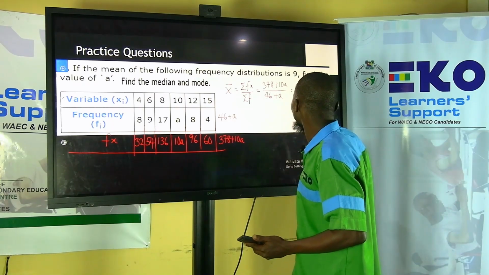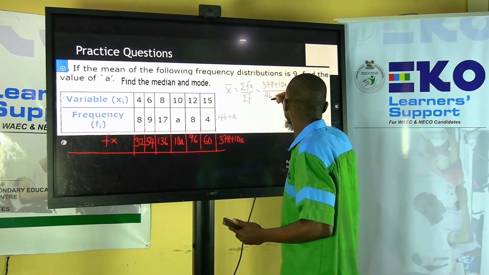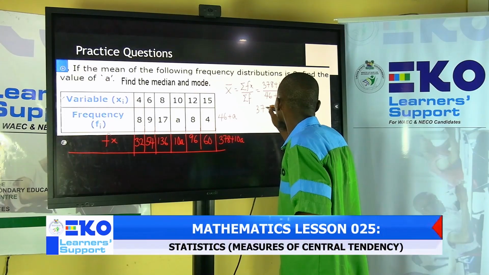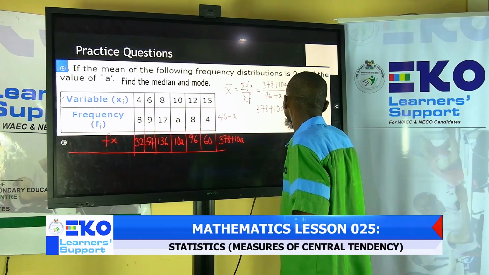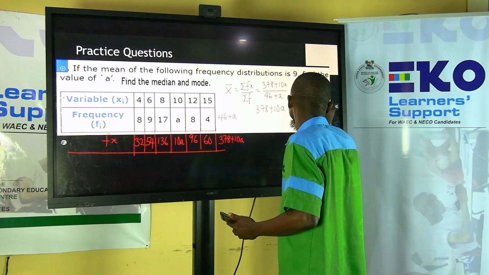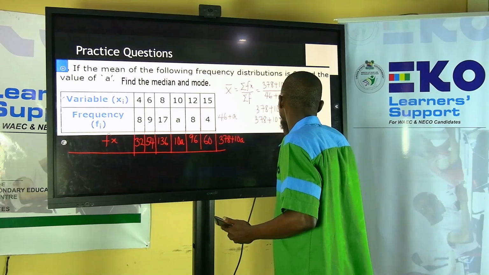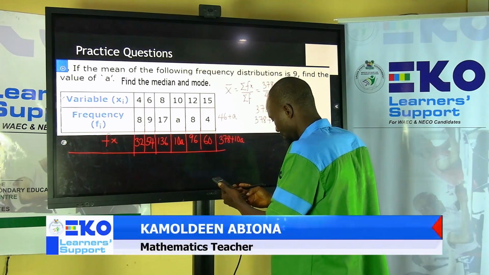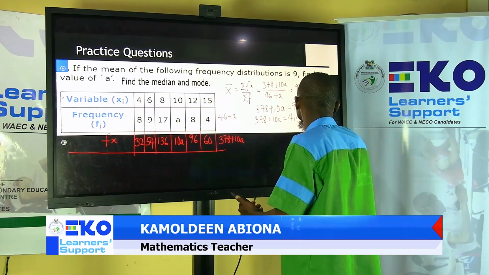So if you cross multiply, or multiply through by 46 plus a, it will cancel out, so we have 378 plus 10a equals 9 multiplied by 46 plus a. So that is 378 plus 10a equals 9 times 46, that's 414, plus 9a.